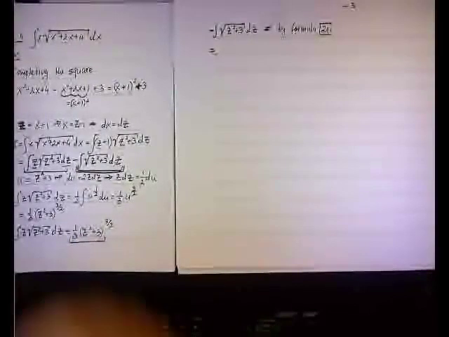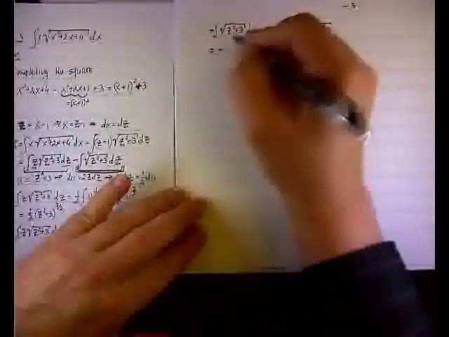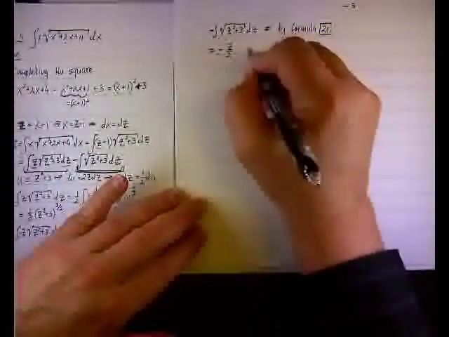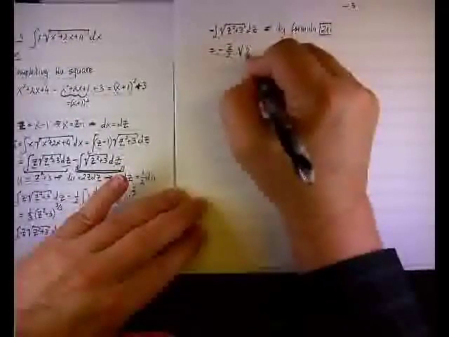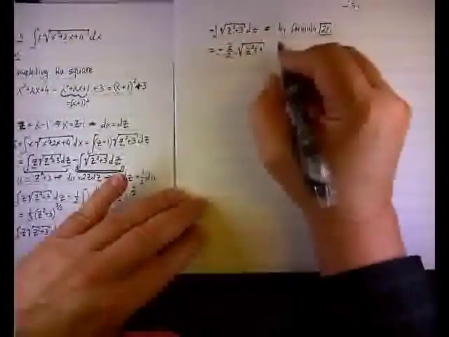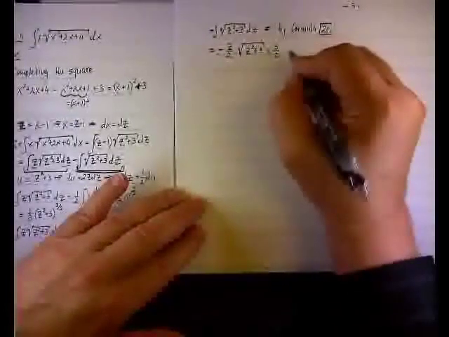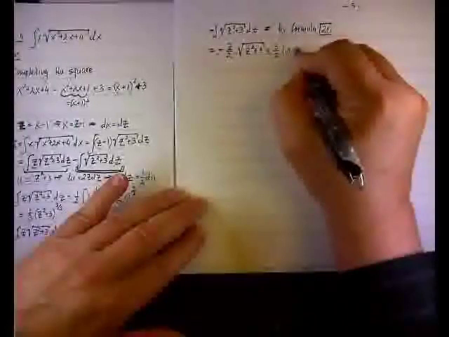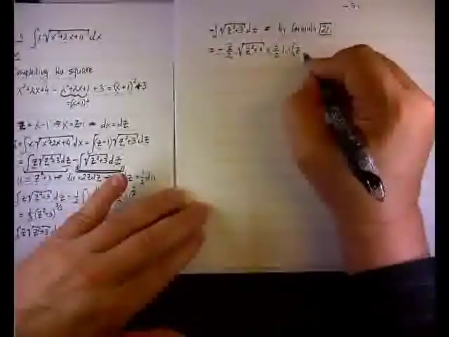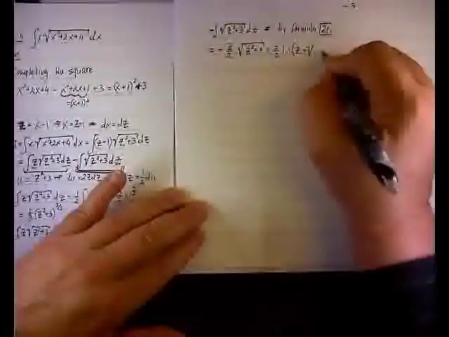So at this point, it looks like we have negative z over 2 times the square root of z squared plus 3 plus 3/2 the natural log of z plus the square root of z squared plus 3.